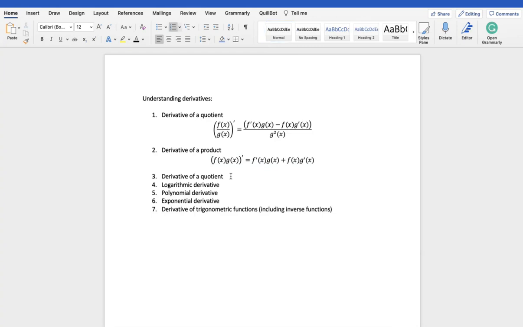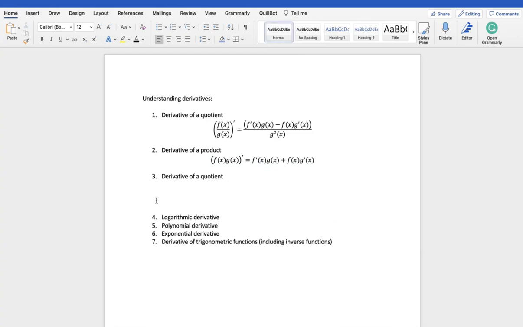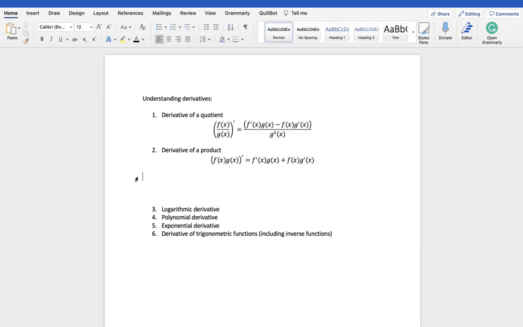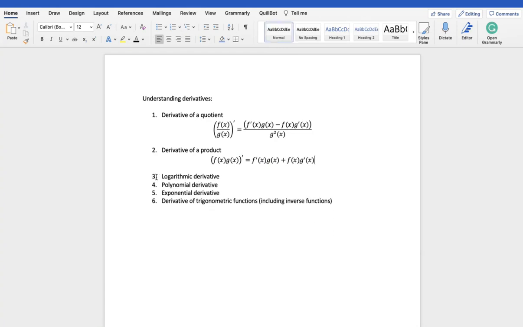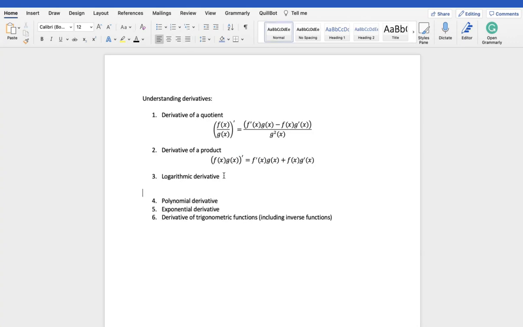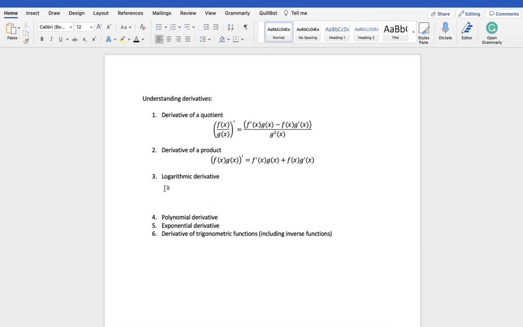Next, the next point will be, what happens if you're looking at logarithmic derivatives? This would be derivatives of functions involving logarithmic functions.